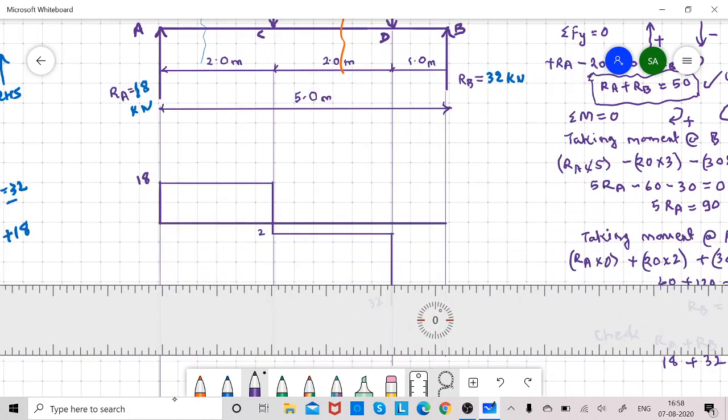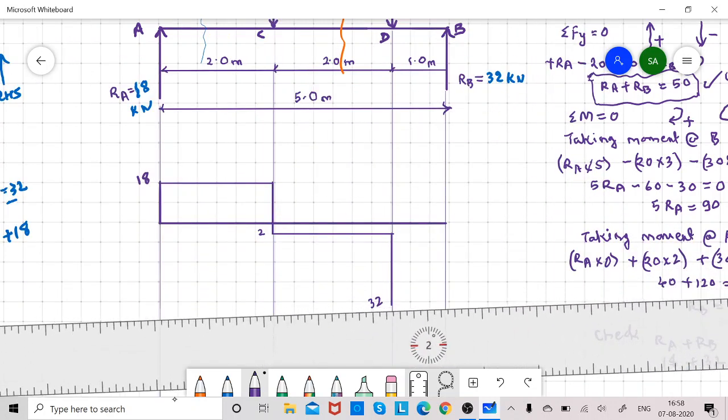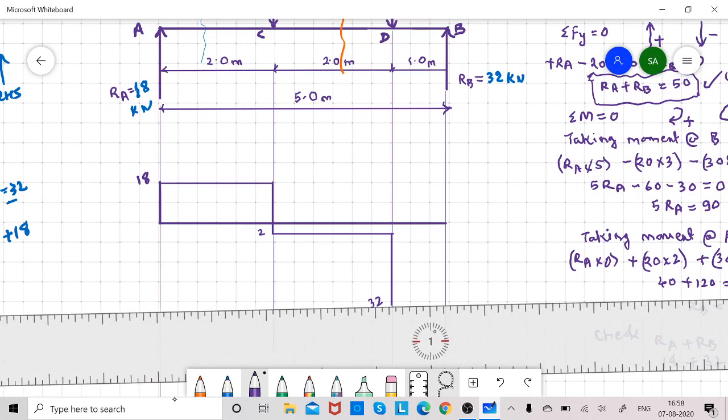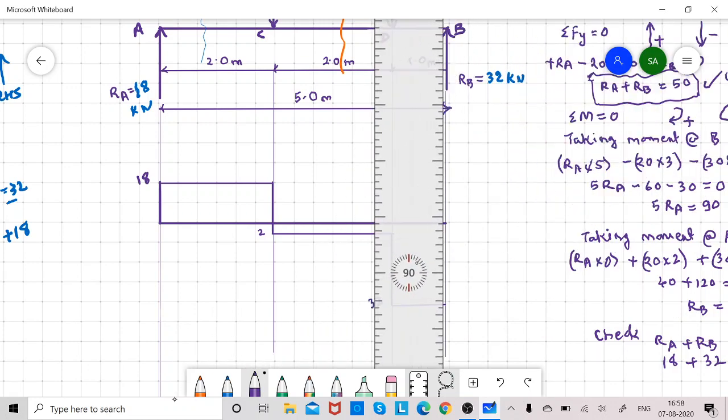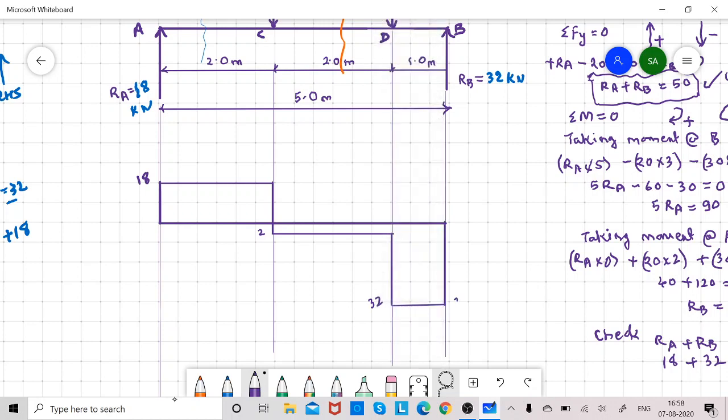Again from D to B, there is no change, and at B there is an upward reaction of 32 kilonewton.